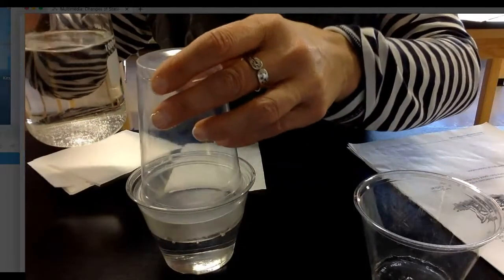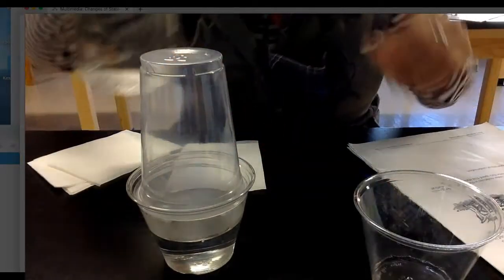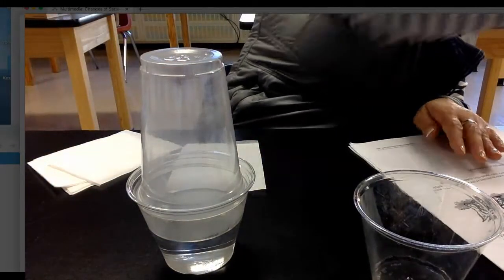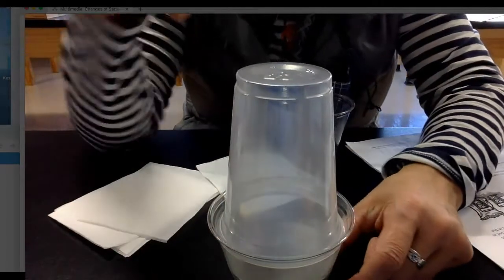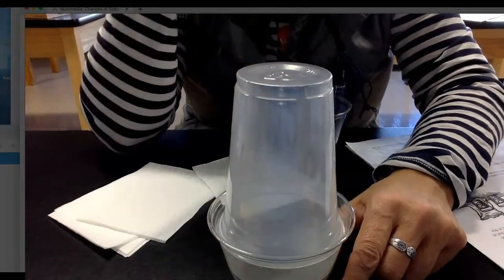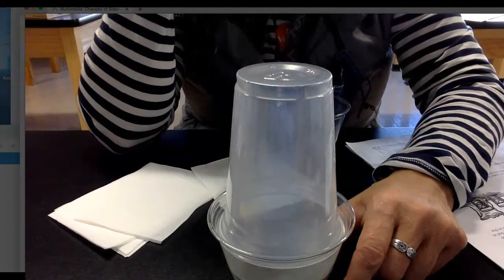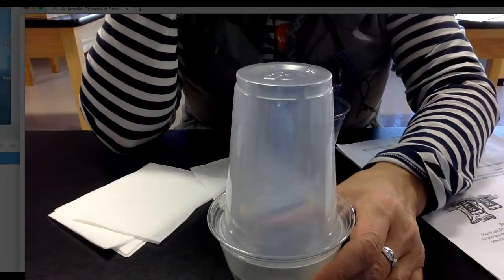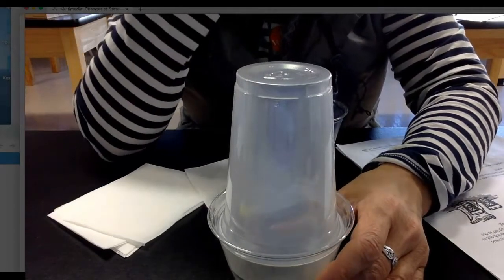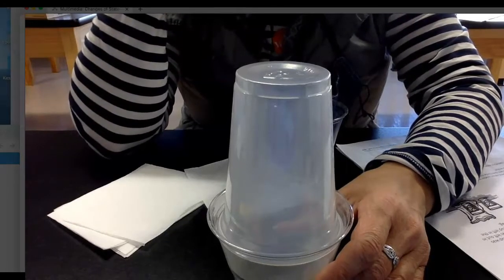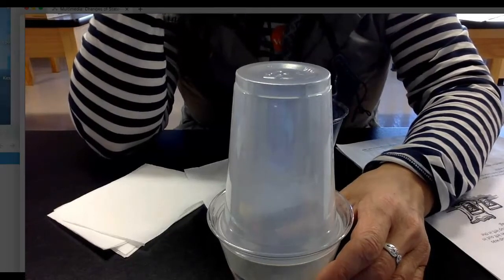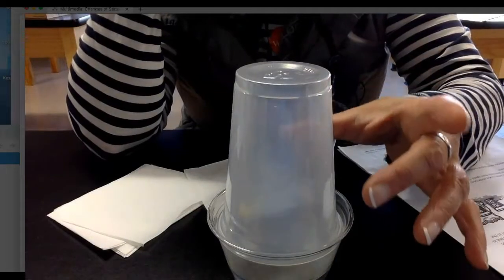Quickly put the top on here. We're just going to watch and see what happens. What do you notice about what's happening inside this cup? We've got warm water, and every time I've poured warm water in these labs, it's pretty steamy, right? So we might describe this as the cup getting steamy.